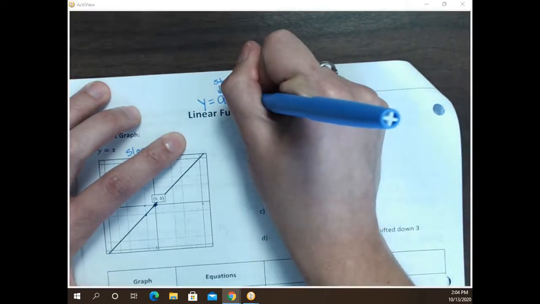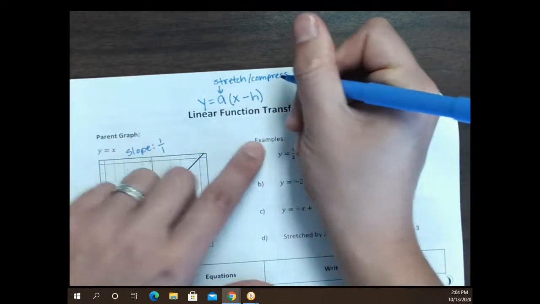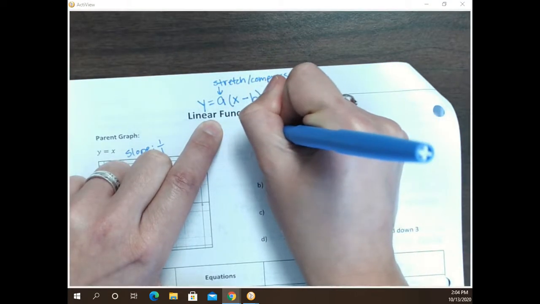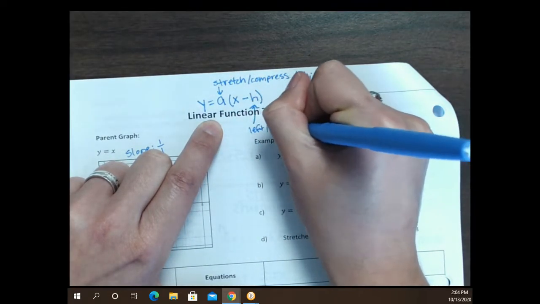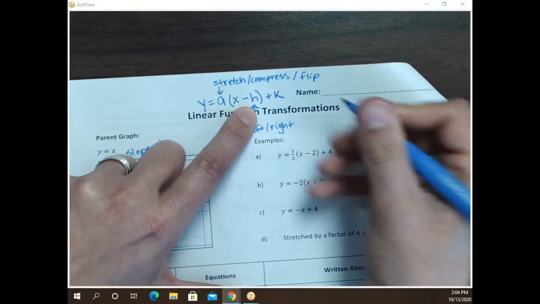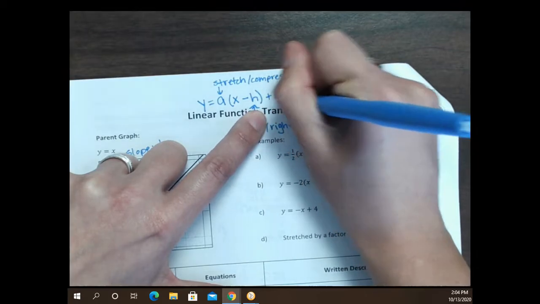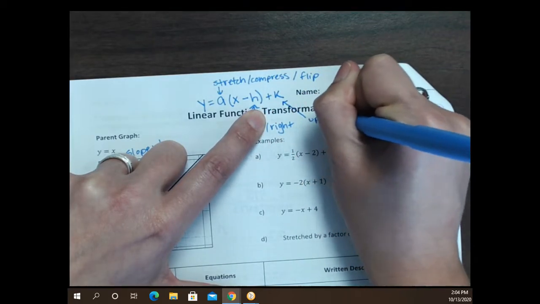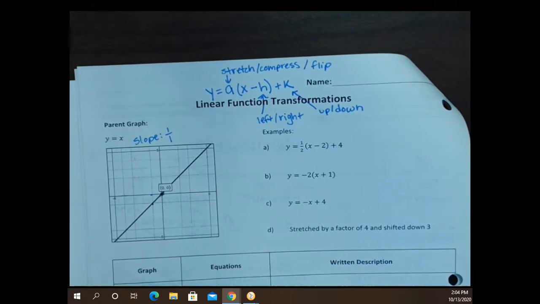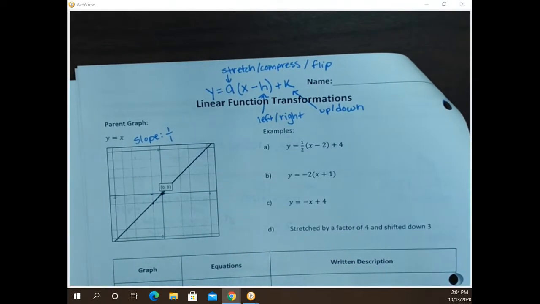Okay. Anything that we do to x inside parentheses is going to move us left or right. And then anything we do here at the end is going to move us up or down. Okay, and again, we talked about this in unit 2 in our last unit. So flip back open those notes if you need the reference.